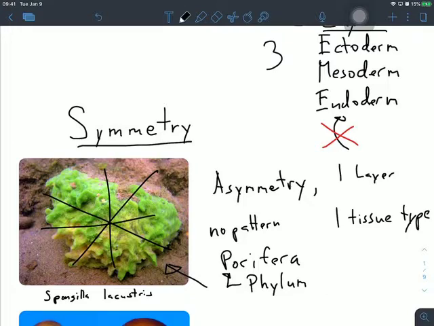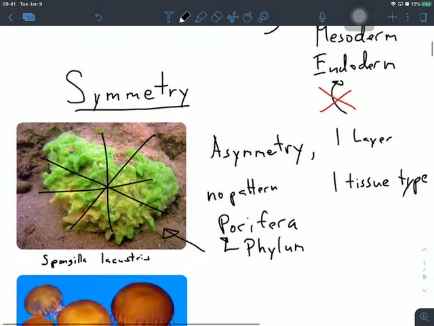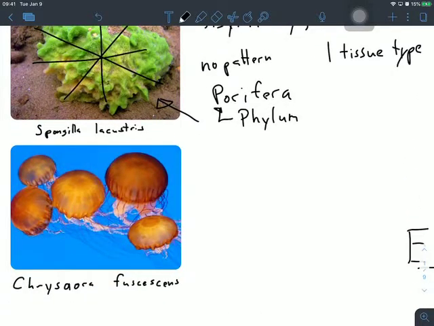Now, once we start getting more time in between organisms like sponges existing, a certain subset of them served as the ancestors of our next group, a group that does have a pattern, a group that shows us radial symmetry. These organisms with radial symmetry are in the phylum Cnidaria, more commonly known to us as the jellyfish.